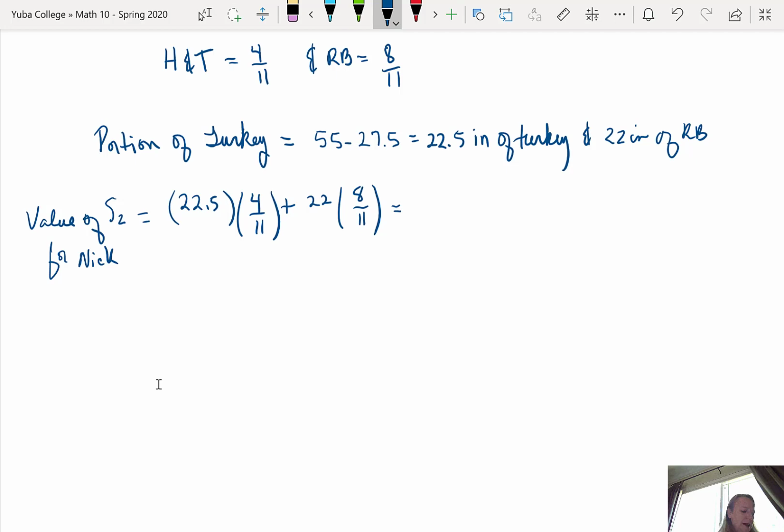So if I do 22.5 times 4, this gives me 90, so this is 90/11. 22 times 8 is 176/11. Got a common denominator, so this gives me 266/11.